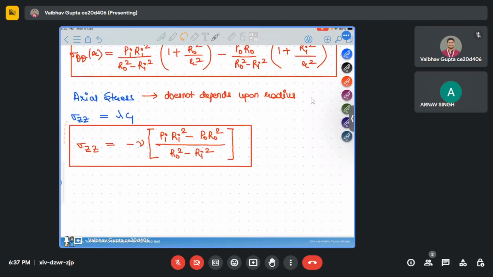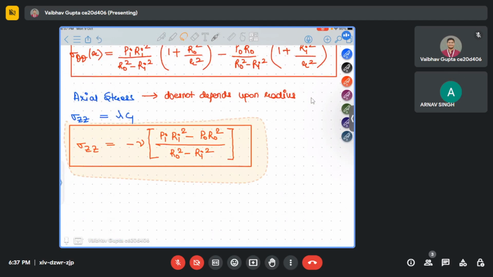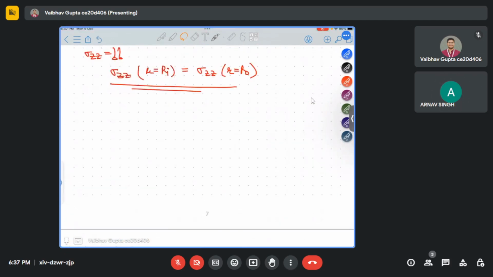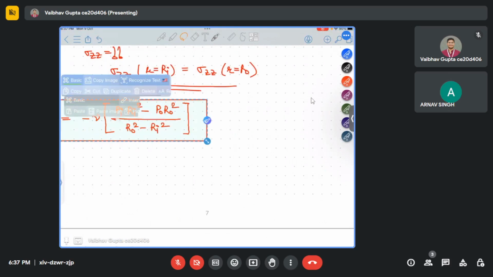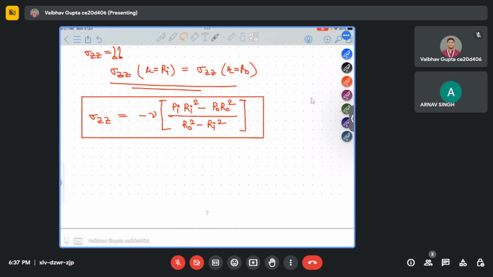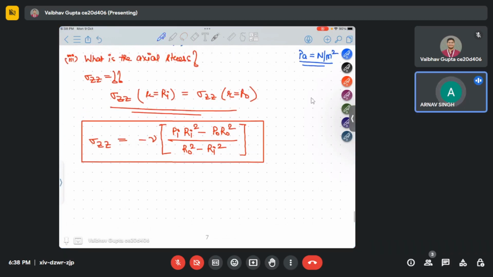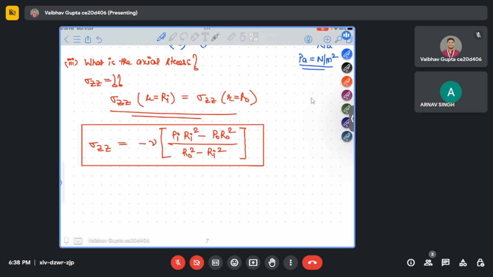Minus V. This is the formula for sigma ZZ. So now we'll put Pi as 0. Sir, in sigma ZZ we don't have to take R, right? Where? It does not depend upon R. So they won't ask you at any R. They will just ask you what is the axial stress.